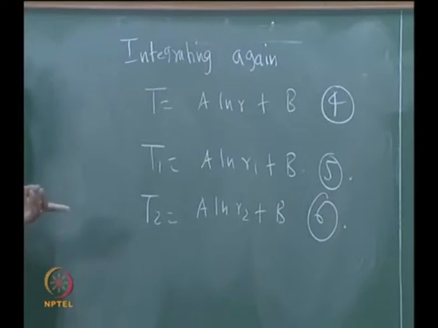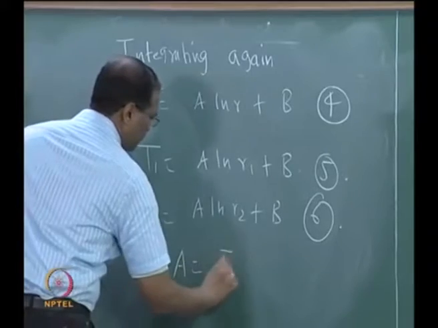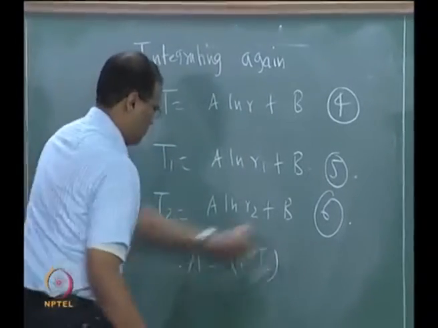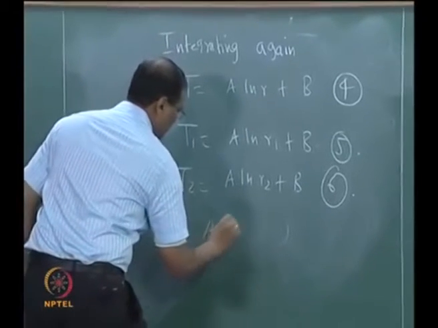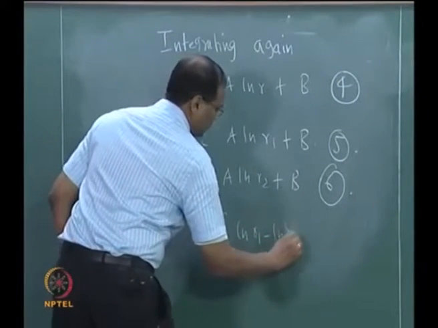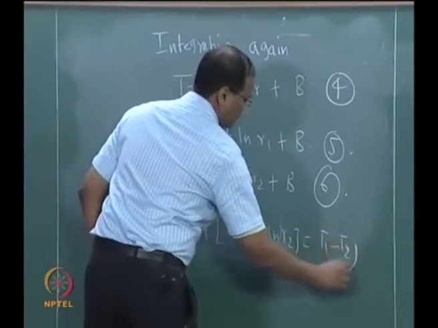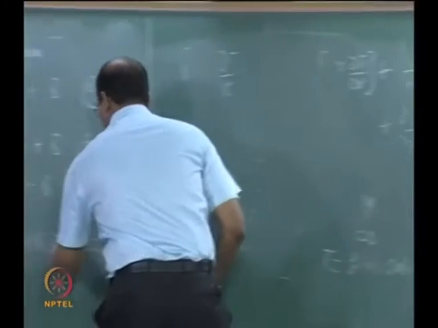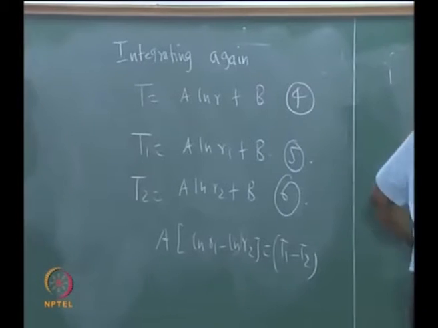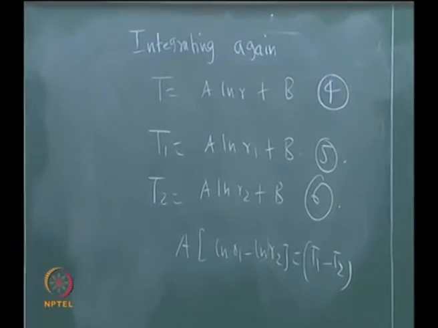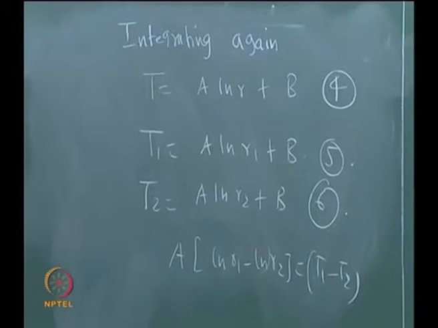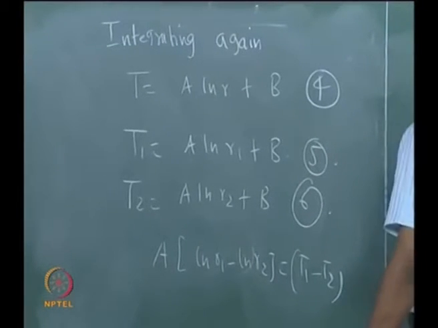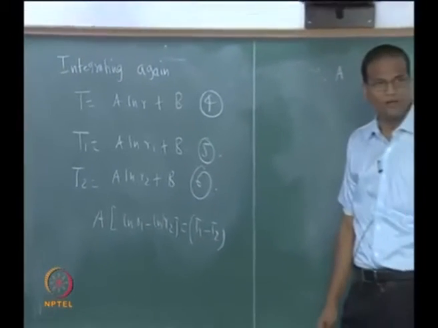Subtracting 6 from 5, the B will get cancelled, you can straight away evaluate A, right. Is that okay? ln of r1 minus ln of r2 is ln of r1 by r2, right.